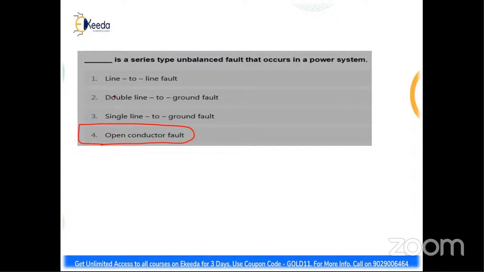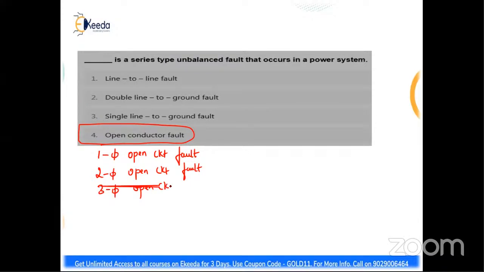There are types of open circuit faults, right? First one is single phase open circuit fault, second one is two phase open circuit fault, and third one is three phase open circuit fault.